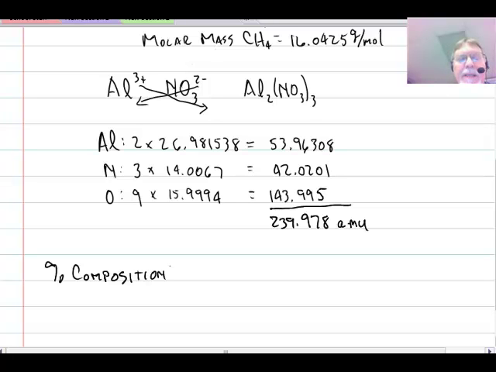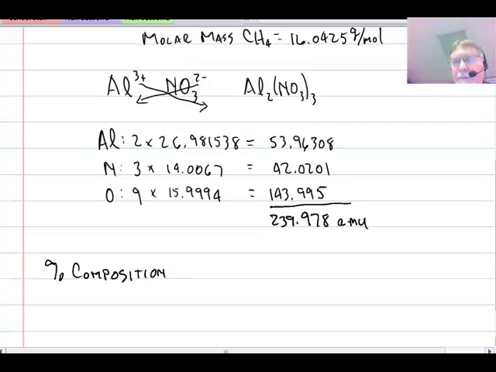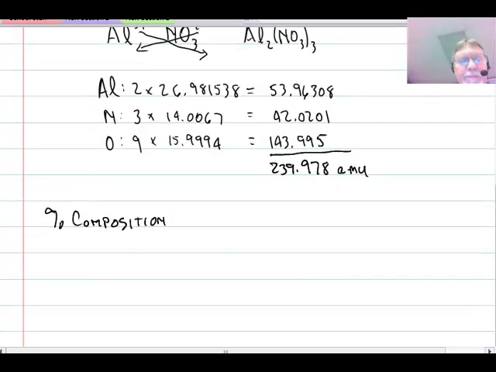For example, we sometimes use certain compounds to generate oxygen. It would be nice to know what percentage of that compound is oxygen before we start. And so that's the type of thing that we would use this for.